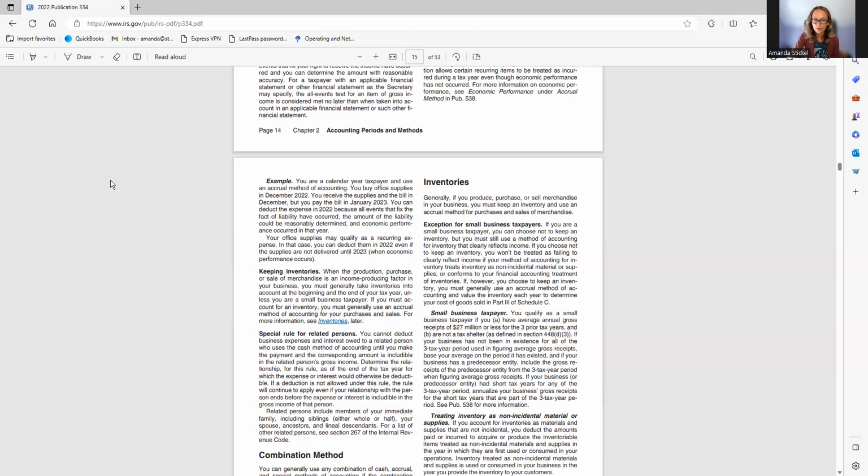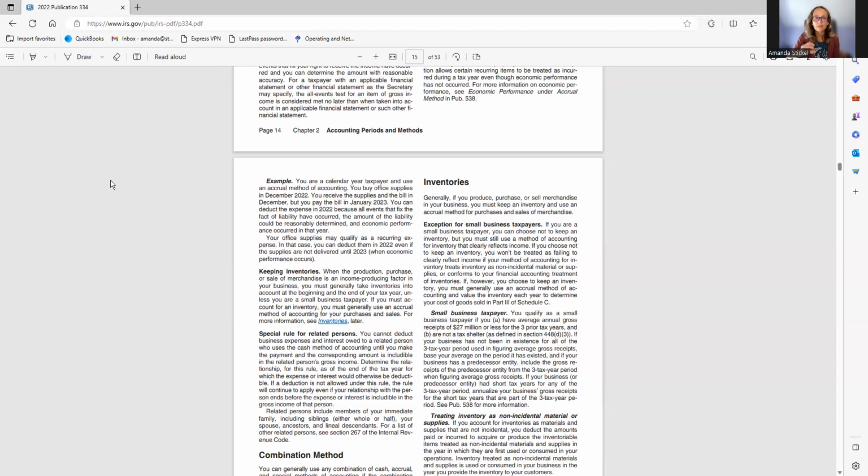It is incurred in that 2022 tax year because you hired them, you signed the contract, you committed to them, and they gave you their quote. So you have a reasonable value to put to it.